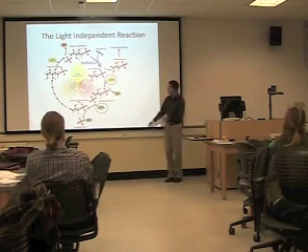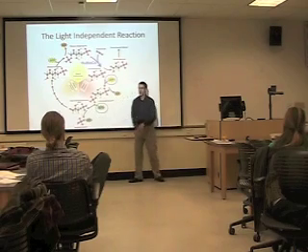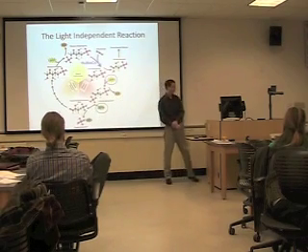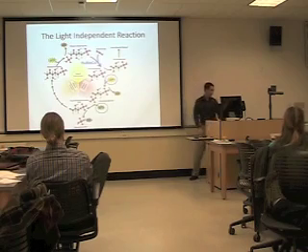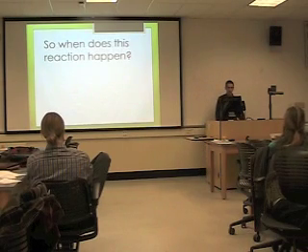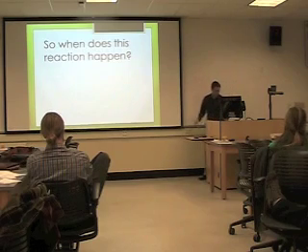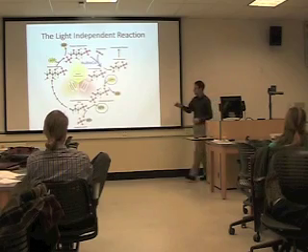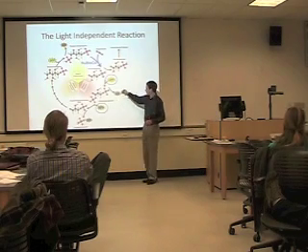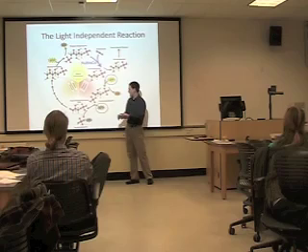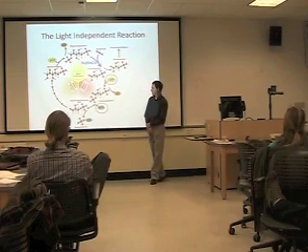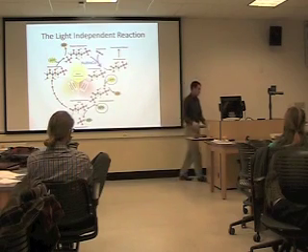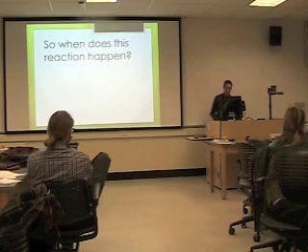So we have two 3-carbon sugars that have a lot of energy in them, but they're not really in a form that plants or anything else can use. So these two 3-carbon sugars are linked together and make a 6-carbon sugar, which is glucose, which we're all familiar with.